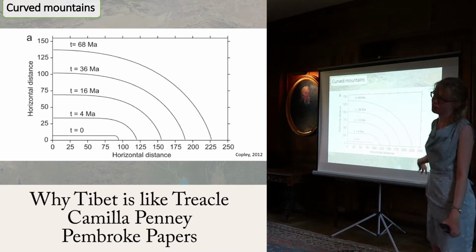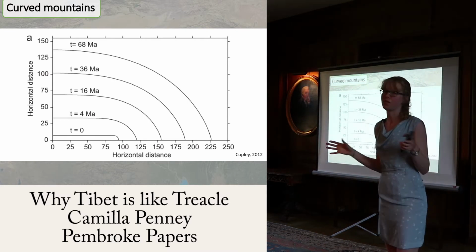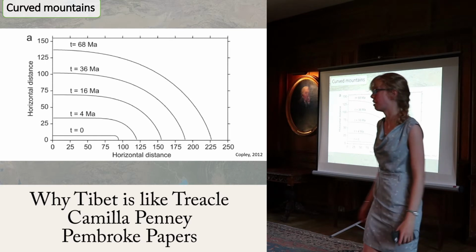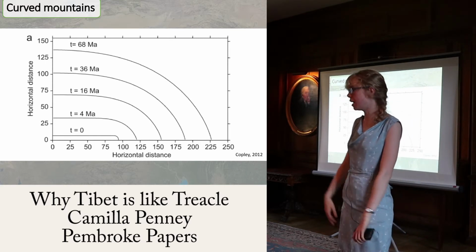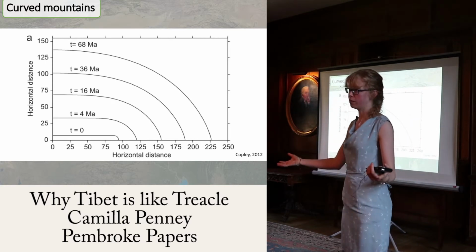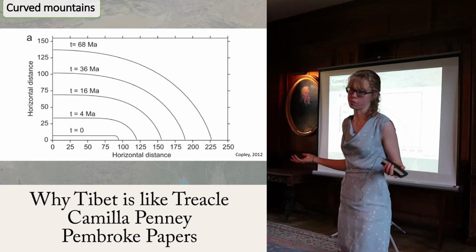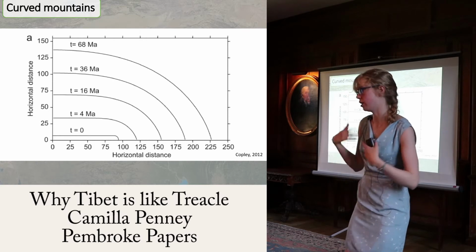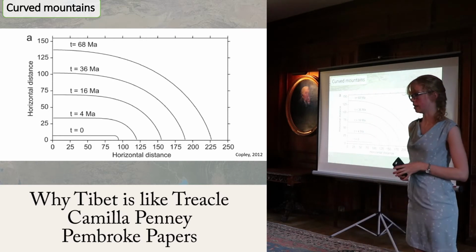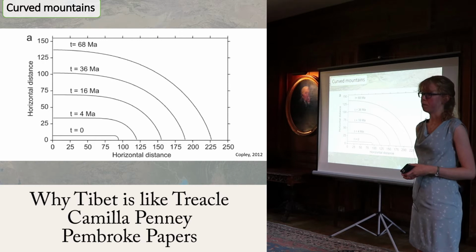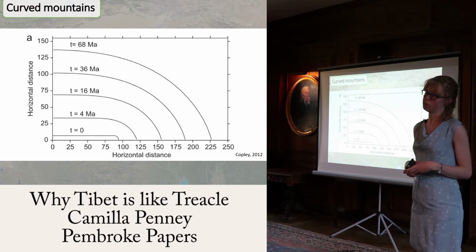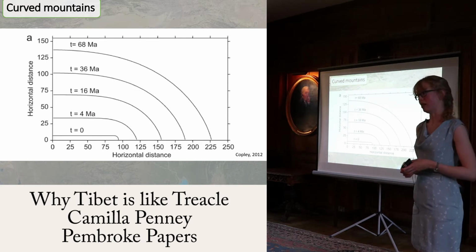And if you simulate this, then you find that you get this increase in curvature through time. And that explains why Tibet is curved, but the Zagros Mountains aren't really. Because the Zagros Mountains are much younger, and if you've got the same other properties, then that's the same. Unfortunately, the Suleiman Range, which we saw before is the most curved, is also the youngest one of these mountain ranges.